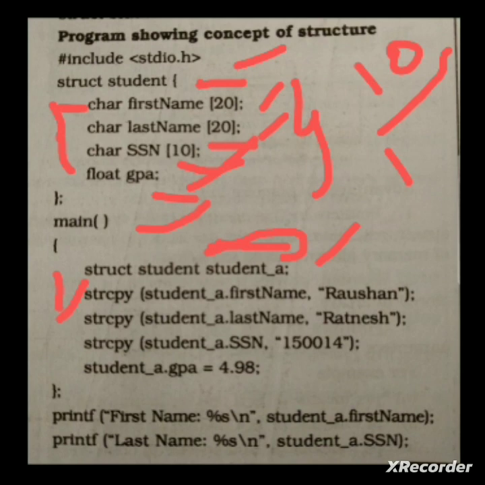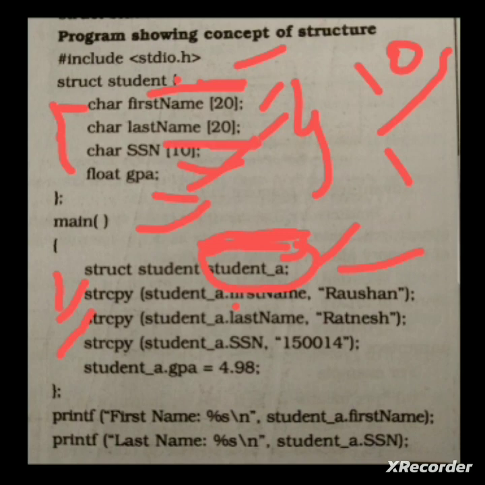strcpy, string copy, student_A dot first name. What is the value I'm giving? Roshan. This is the first name of the first student. Now strcpy, string copy, student_A dot last name.